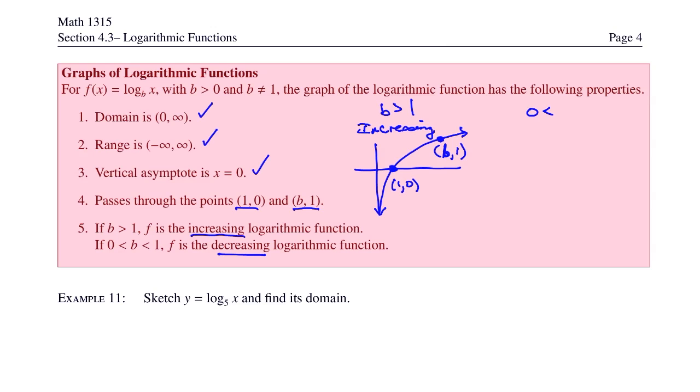For b that is between 0 and 1, that is the decreasing graph, and it looks like the following. It still has a vertical asymptote at x equals 0, but it goes to positive infinity from the right side. It still goes through the point 1, 0.